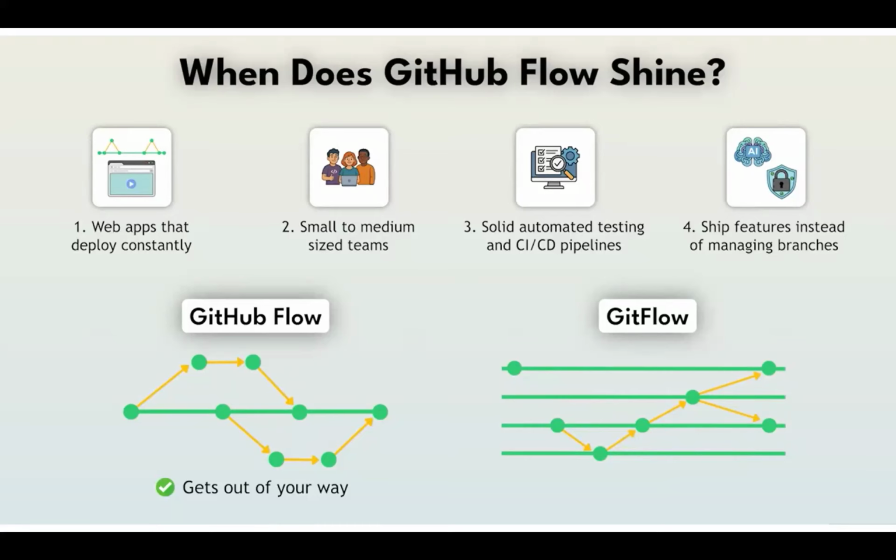And then all the CI/CD principles, which we will cover in our future classes. CI/CD is basically continuous deployment, easy to manage, and shipping features instead of managing branches. Here we need to manage multiple branches, but there we need to deliver quickly instead of managing them. So that's a benefit of GitHub Flow.